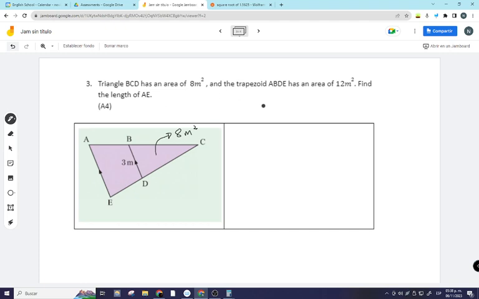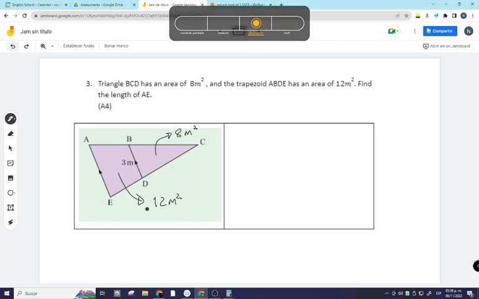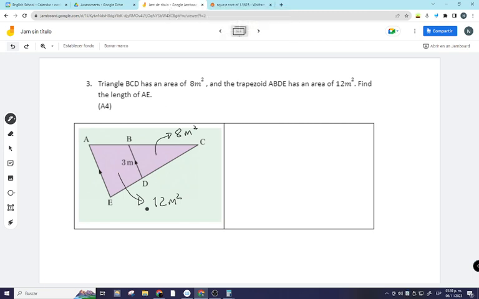And the trapezoid ABDE, so only this part, has an area of 12 square meters. Now we have to find the length of AE. Okay? And remember that we can find it if we have similar figures.